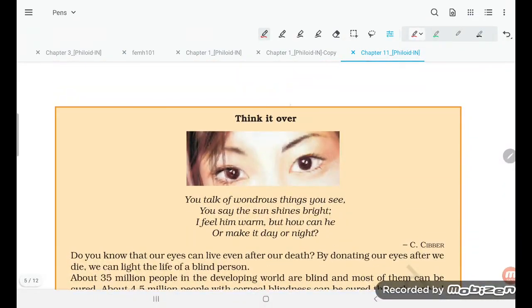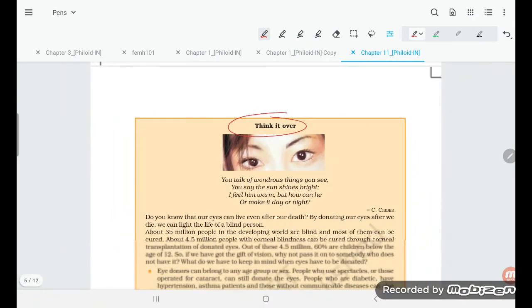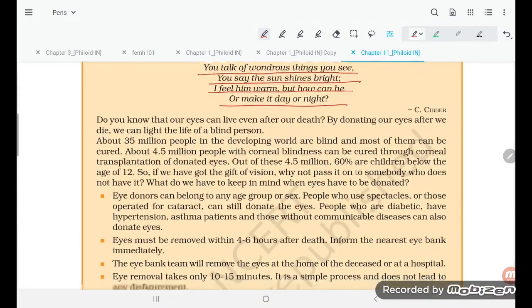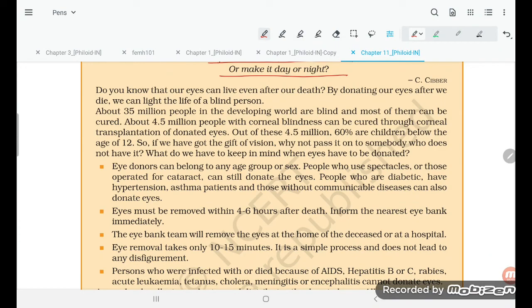Now you see, students, think it over. You talk of wonders, things you see. You say the sun shines bright, I feel him warm, but how can he make it day or night? Do you know that our eyes can live even after our death?